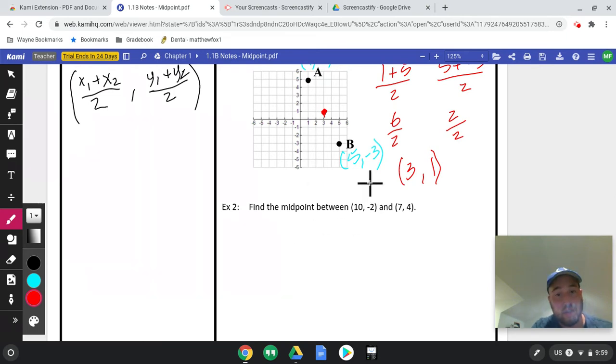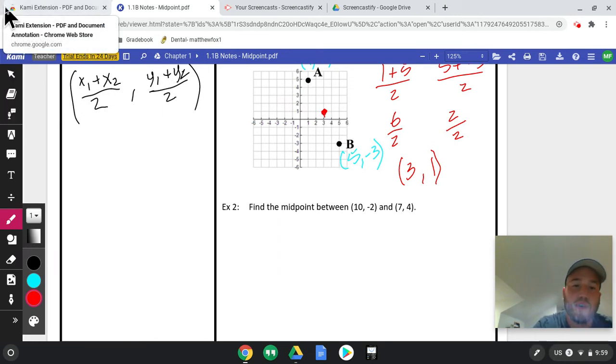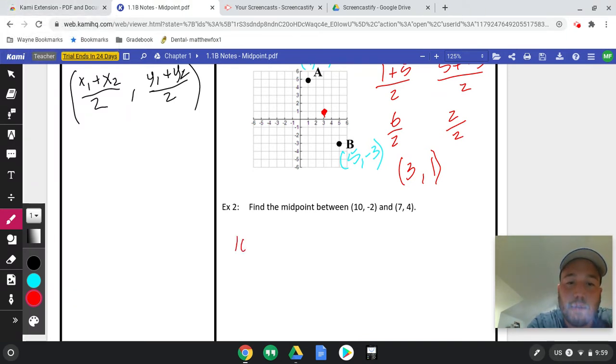Now on this next one, example 2, there's no graph. You have two options. You can either graph those 2 points and figure it out using reasoning, however, this formula will also work. If we take our x values, we'll do 10 plus 7 divided by 2, that's going to be our x value. And then we'll do negative 2 plus 4 divided by 2 to get our y value. Keep in mind, 10 plus 7 is 17, 17 over 2.